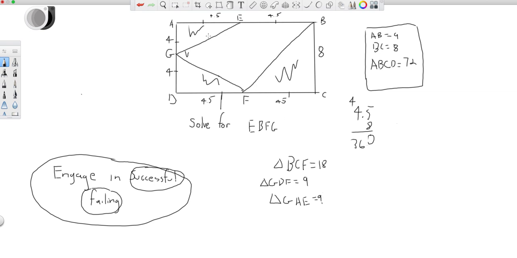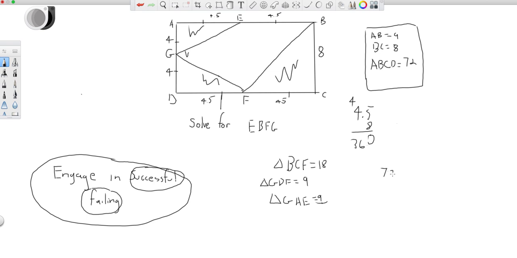And so now we have the things that we don't want, our failures, and we're going to subtract them from the larger rectangle ABCD, which is 72. So we add these up: 18 plus 9 plus 9 is 36.